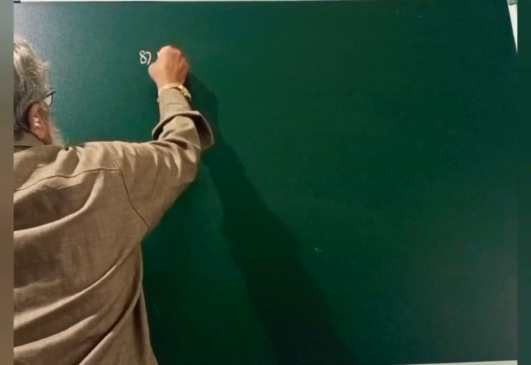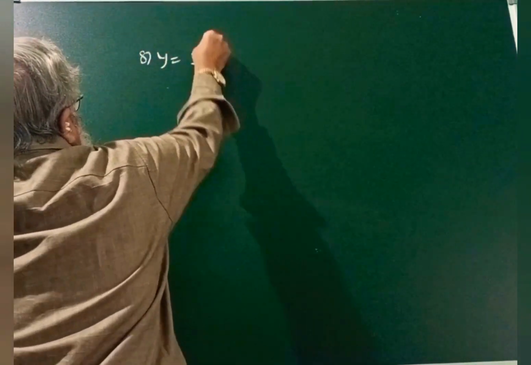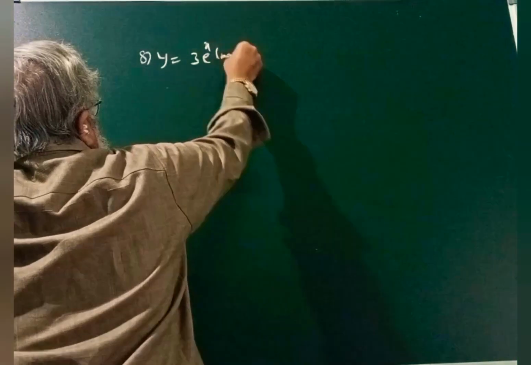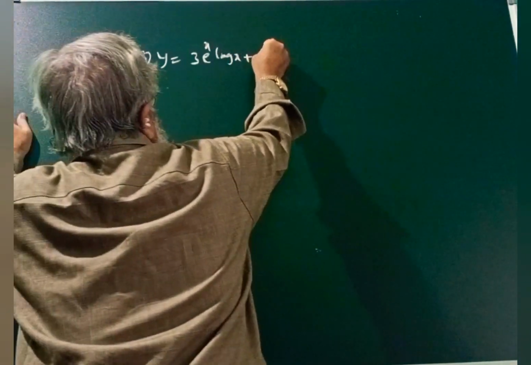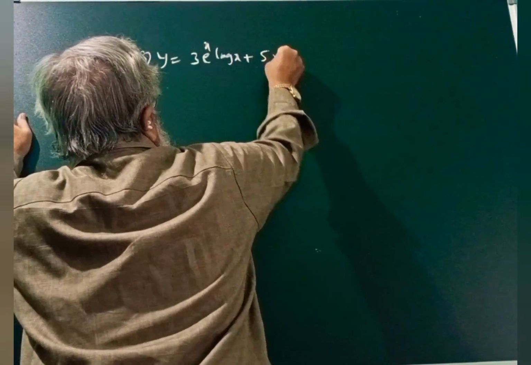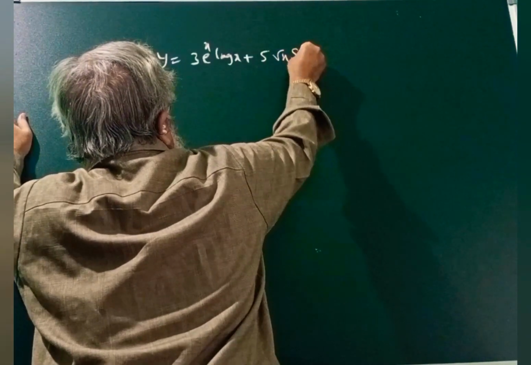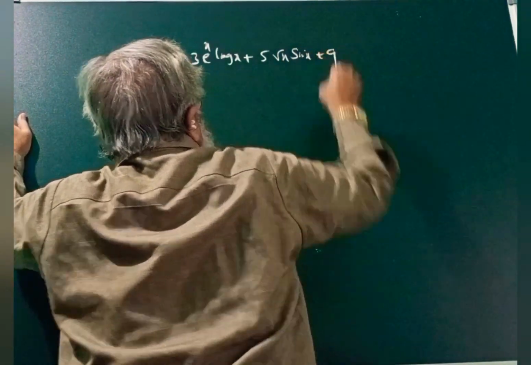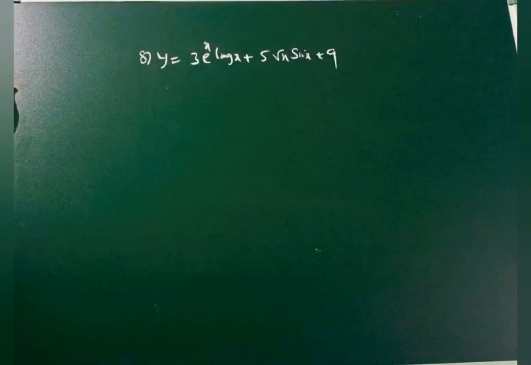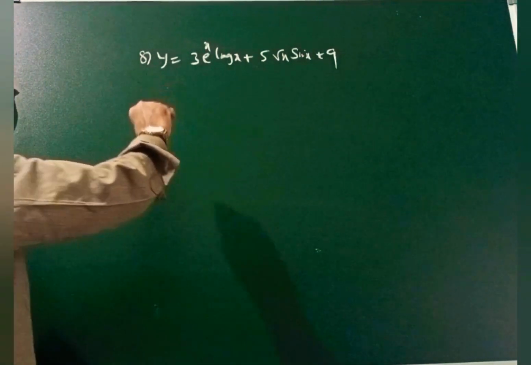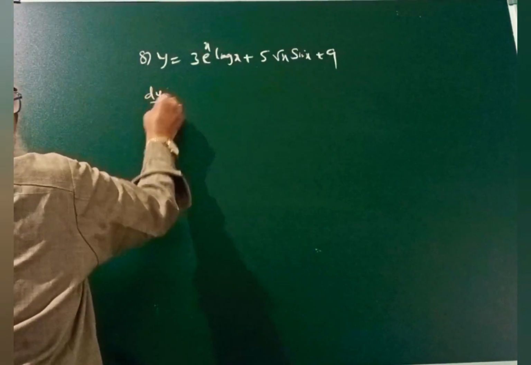Now y is equal to 3e raised to x into log x plus 5 root x sin x plus 9. We have to differentiate with respect to x. Now look here. We start differentiating.